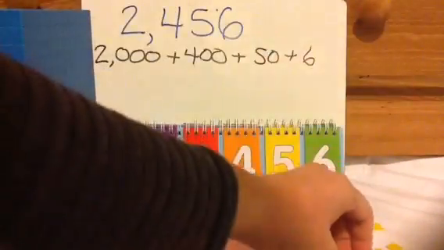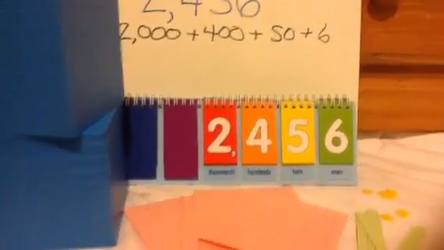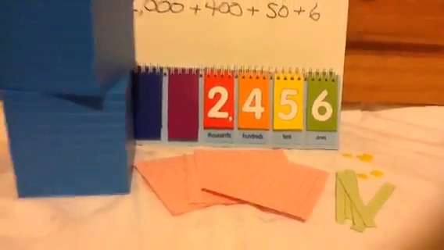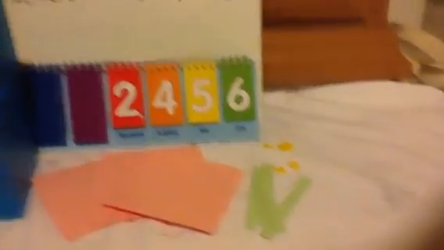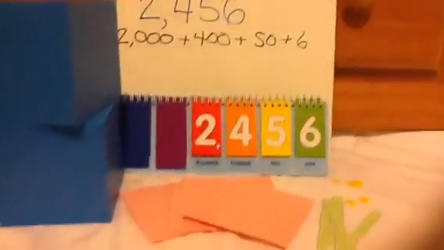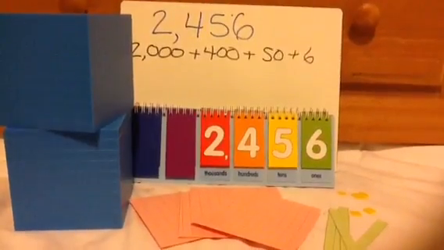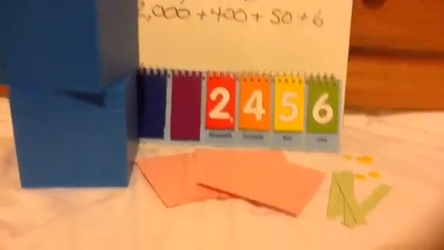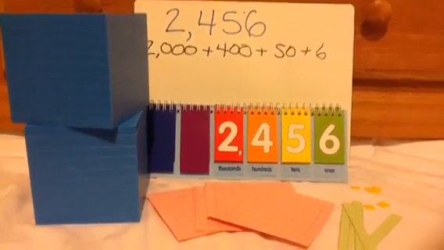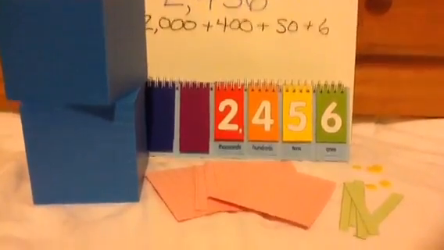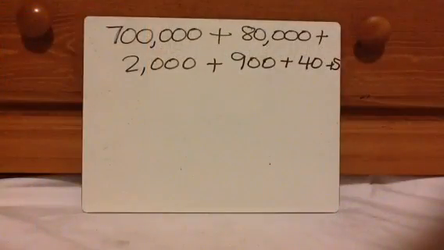So if each one is worth 1, then the value is 6. So this is exactly what's going on in expanded form. You're saying 2,000 plus 200 plus 50 plus 6 equals 2,456. I would go over bigger numbers, but I don't have 10,000s blocks, and that would get crazy, but you get the idea. Okay, so now we're going to flip-flop it.